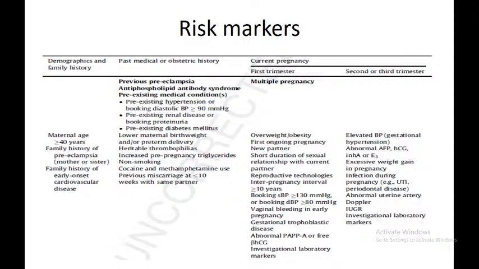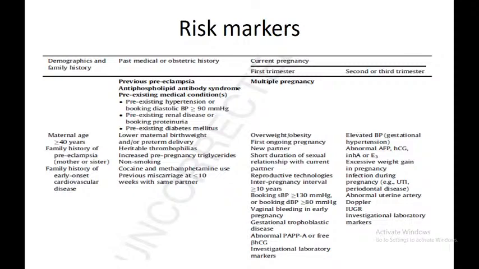And also a few of the infections that we see during pregnancy, especially UTIs, or if a woman has or develops periodontal disease, again these are risk markers. And of course we find abnormal uterine artery in cases of this condition, because there is alteration in the resistance of this flow. So abnormal uterine artery is also a risk marker. And we find various lab markers also to be altered in these cases.